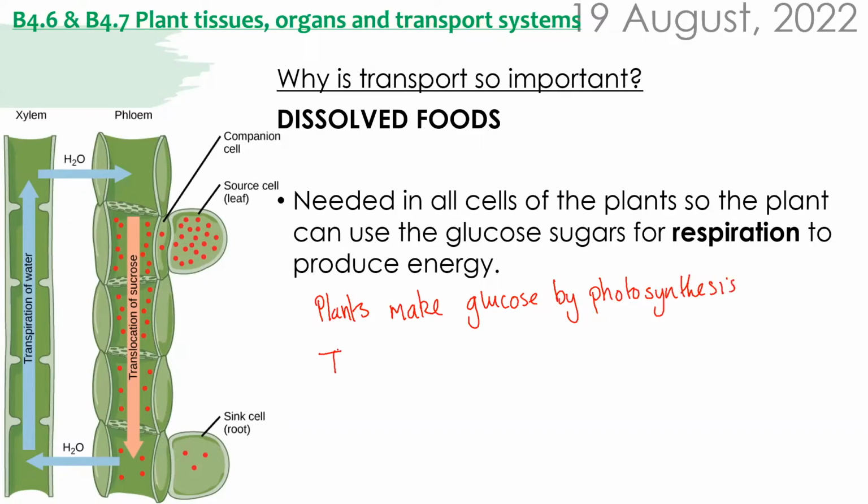They use the glucose for respiration. Think about at night. They're respiring all the time because they've got quite similar cells to us. We don't think of plants respiring, but they do.